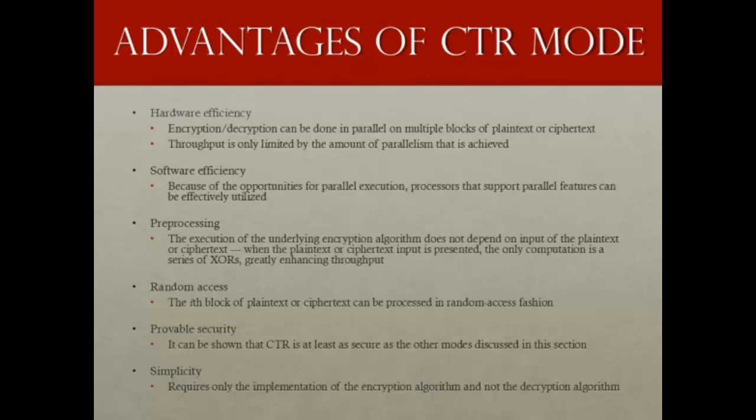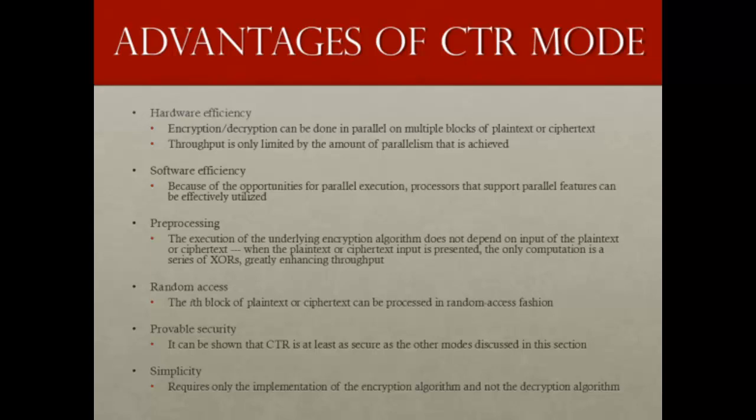Software efficiency. Similarly, because of the opportunities for parallel execution in CTR mode, processors that support parallel features, such as aggressive pipelining, multiple instruction dispatch per clock cycle, a large number of registers, and SIMD instructions can be effectively utilized. Preprocessing.